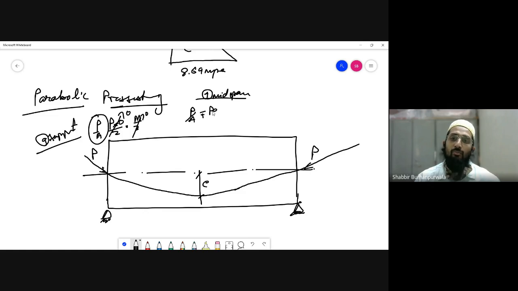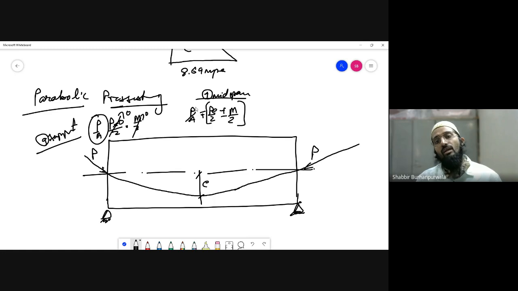Then there is going to be PE by Z because there is eccentricity at the midspan. So PE by Z, and then plus minus, there is going to be moment also over here. But PE by Z and M by Z have opposite signs to one another. So these two stresses are opposite in their nature, and they are going to mostly nullify one another and a very residual amount of stress will be left.